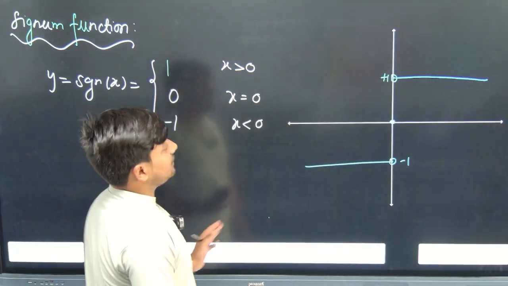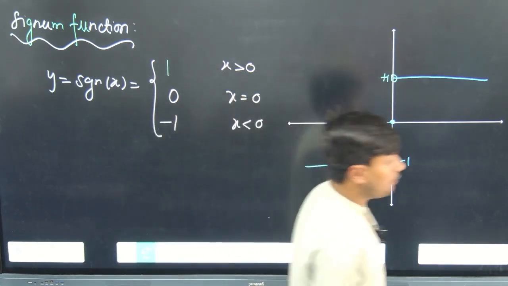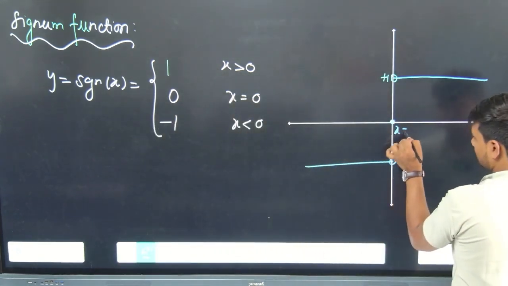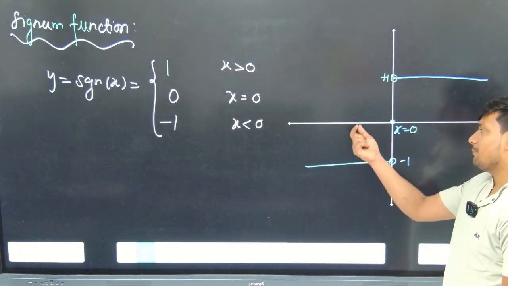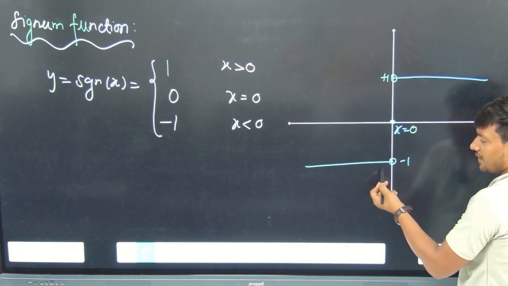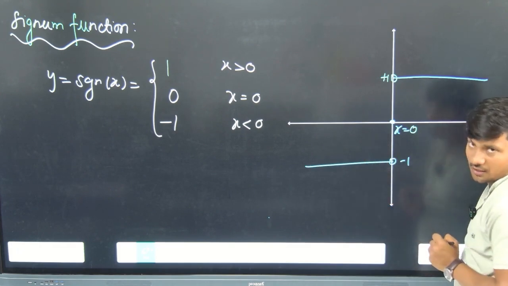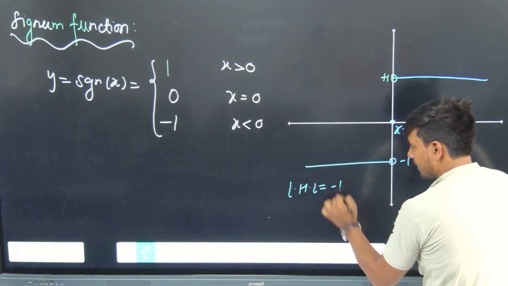Now we can see that this function is discontinuous at x equal to 0. How? If we are approaching x equal to 0 from left, then we are reaching y equal to minus 1. So the left hand limit, LHL, is minus 1.